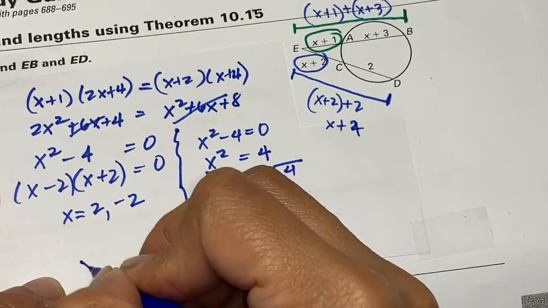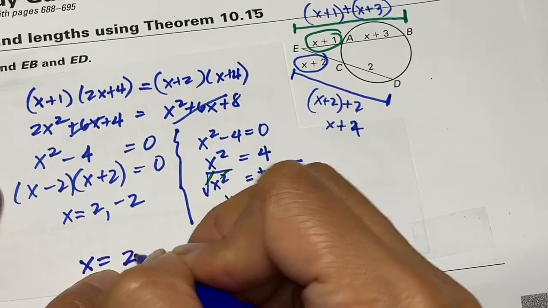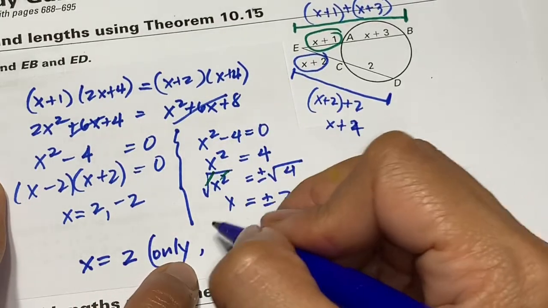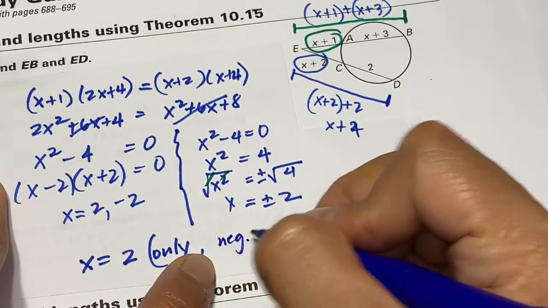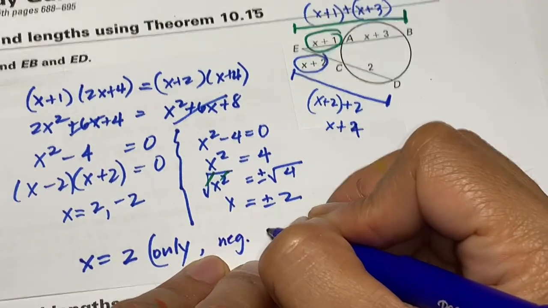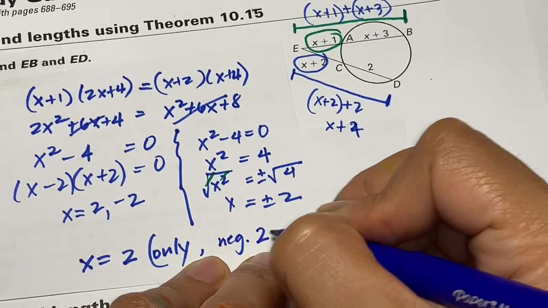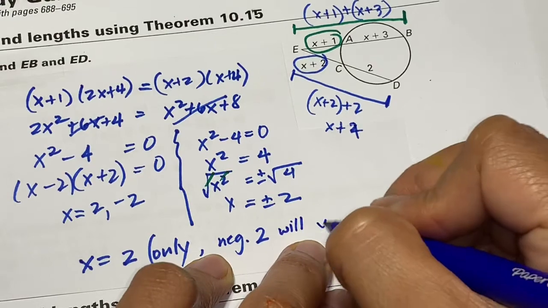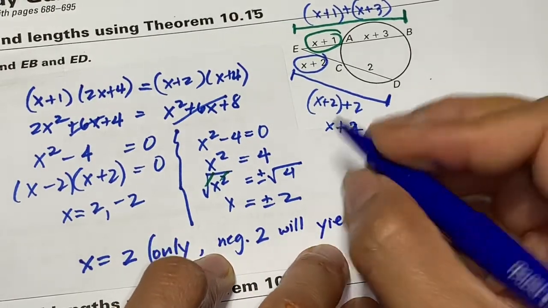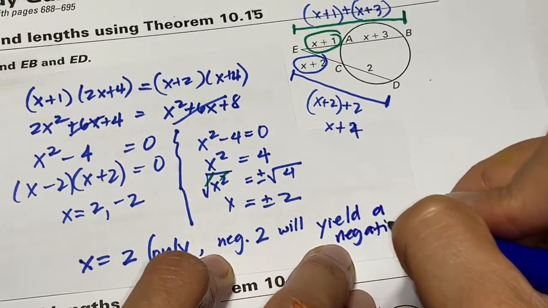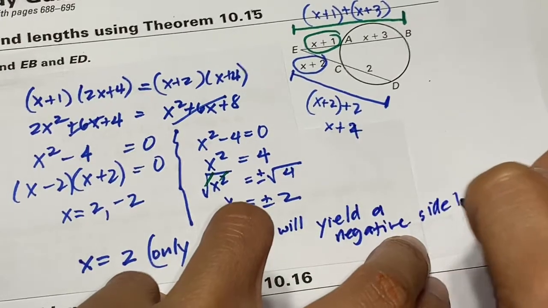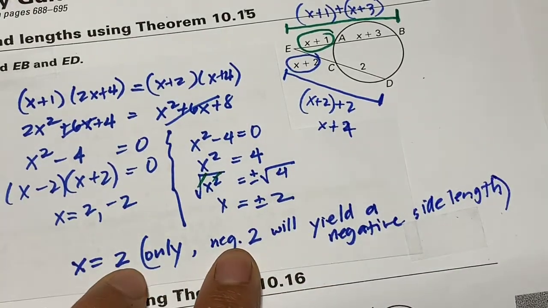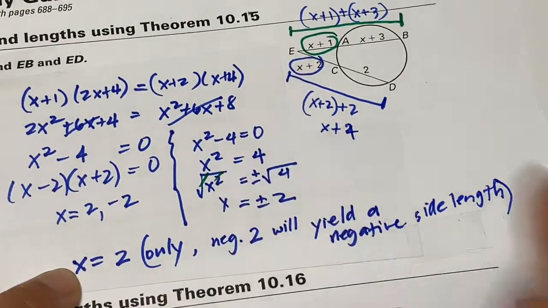So the answer only is 2, because negative 2 yields a negative side length. Just be careful. Double check if it's a negative answer so that it makes sense.